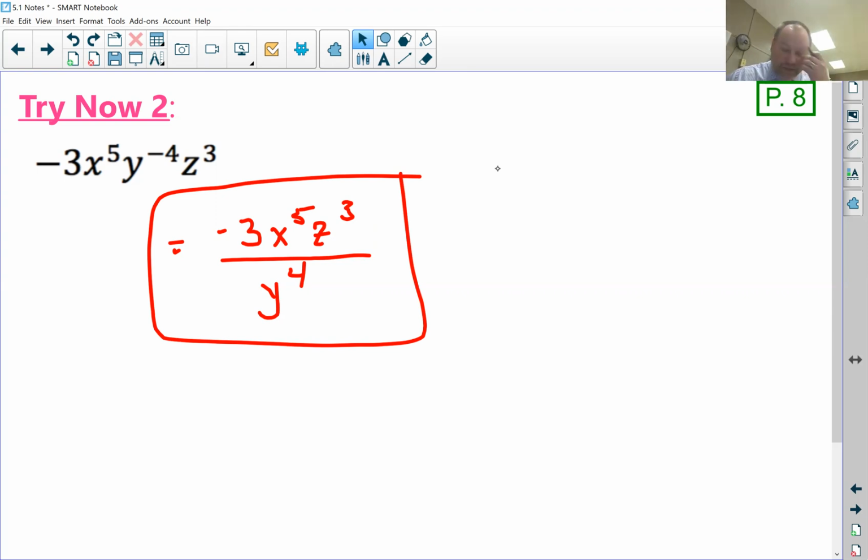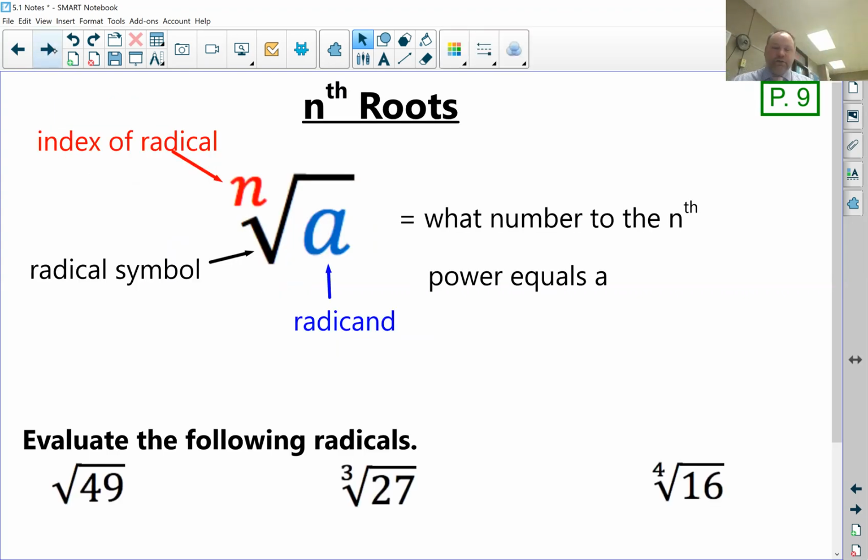So that's kind of the first part of our lesson today. Now we're going to look at the second part, writing radicals with exponents, and it's kind of simplifying some radicals.